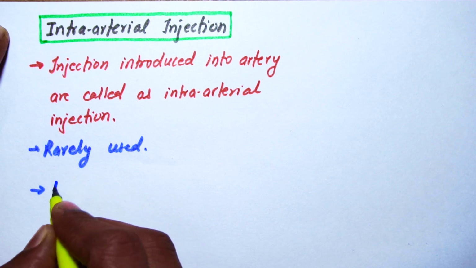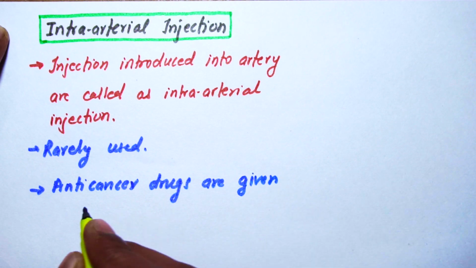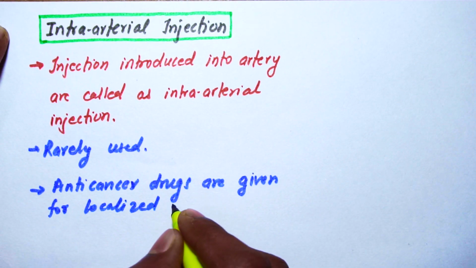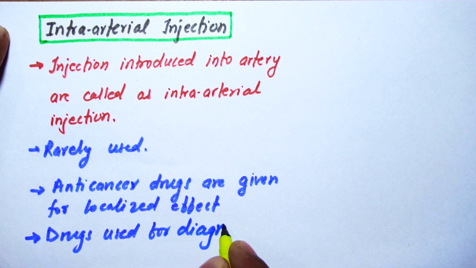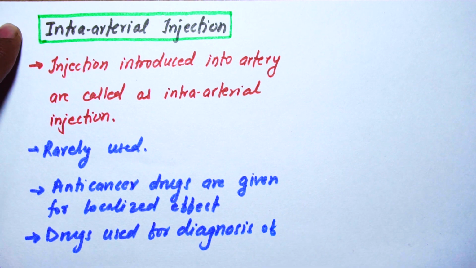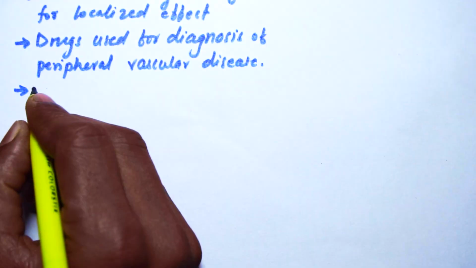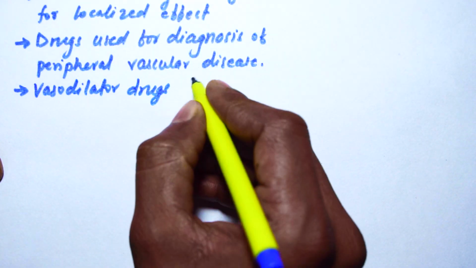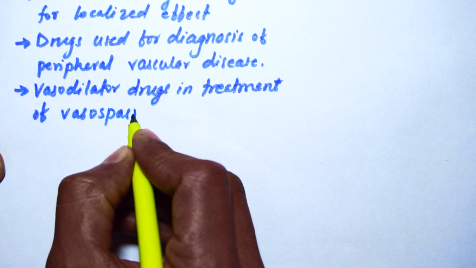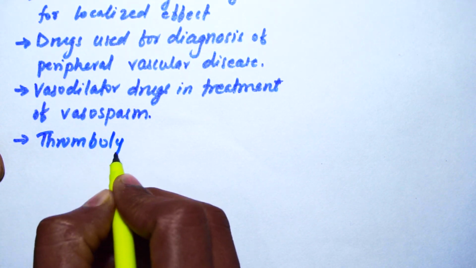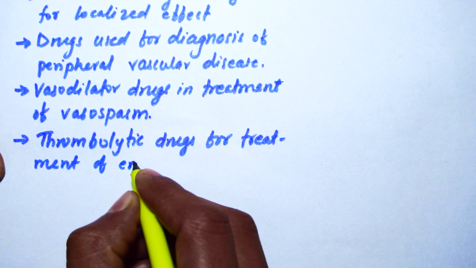A few examples are like this: anti-cancer drugs are given for localized defects through this route, drugs used for diagnosis of peripheral vascular disease, vasodilator drugs in treatment of vasospasm, and thrombolytic drugs for treatment of embolism.